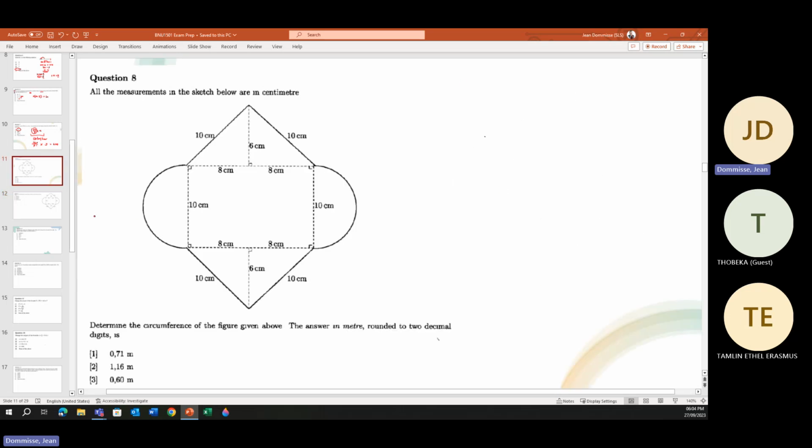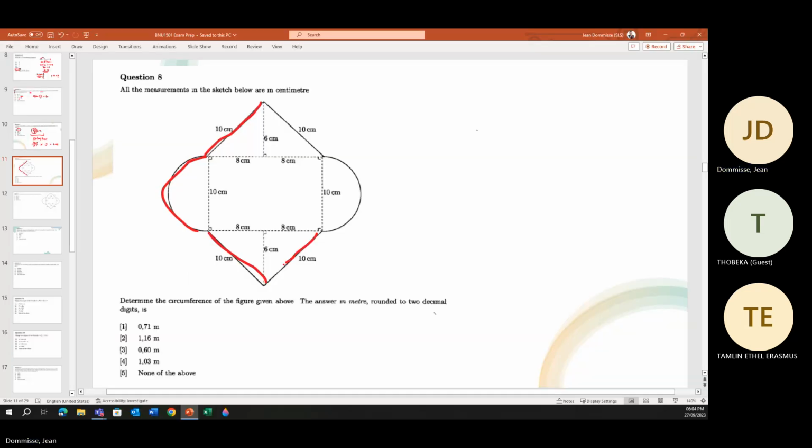So let's see if we can do that. So for working out the circumference, basically we need to add all of these sides together. So if we can do that, then we can get to all of the answers.